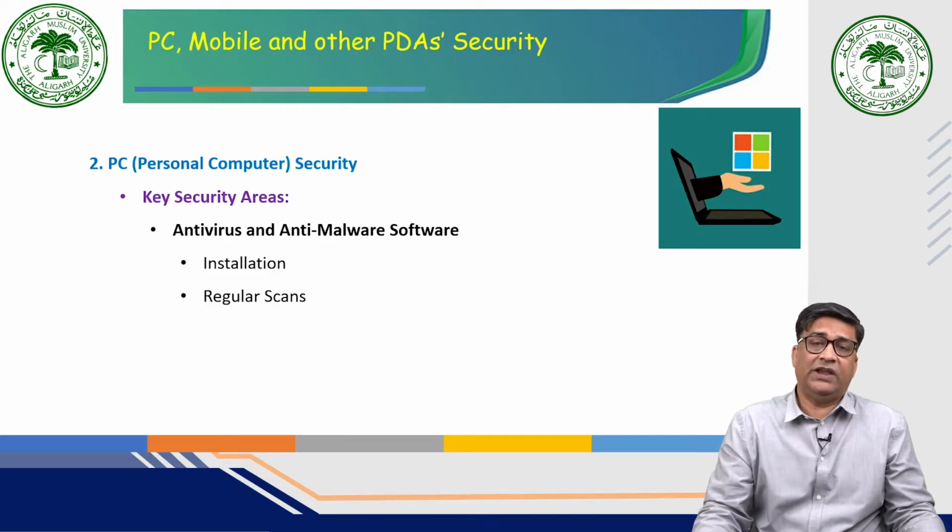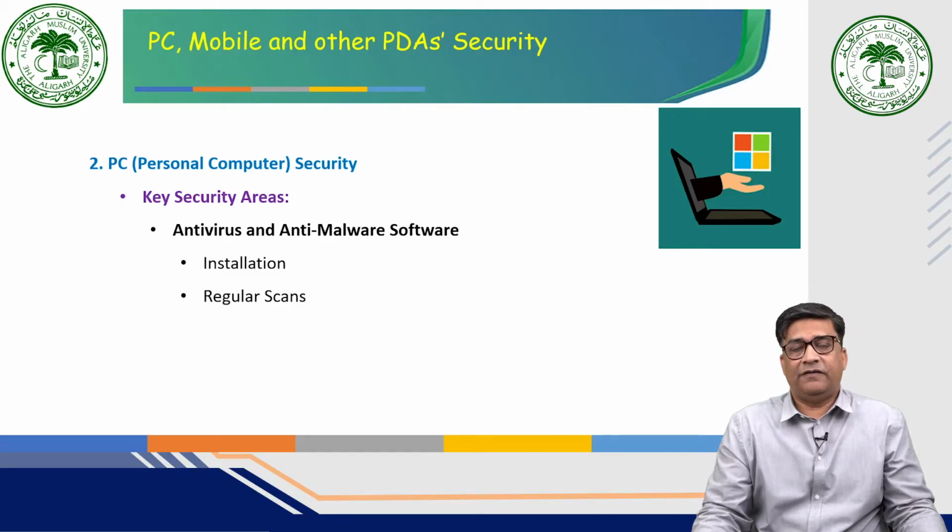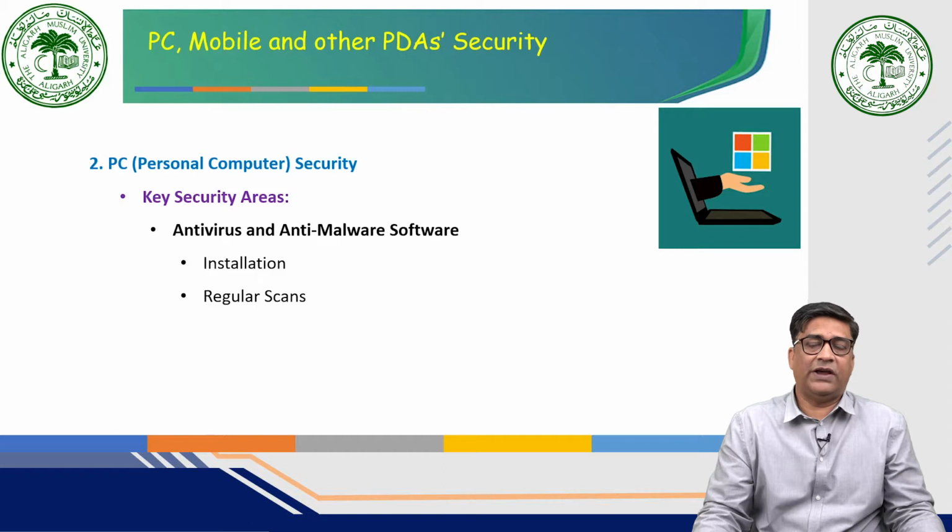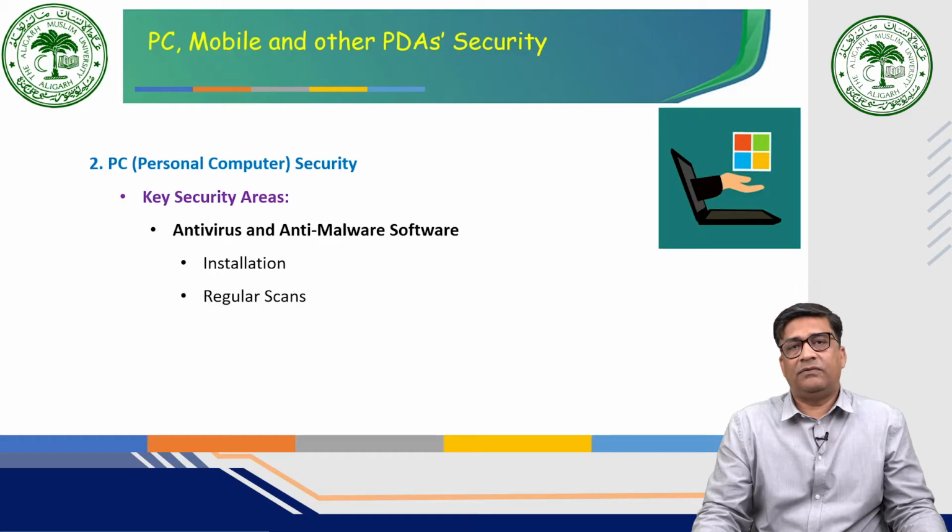Real-time protection is the key. We have to enable real-time protection features to monitor for malicious activities continuously, preventing threats before they can cause any harm. Setting up scheduled scans, for example weekly or daily, to detect and remove potentially harmful malware infections and vulnerabilities is the key.